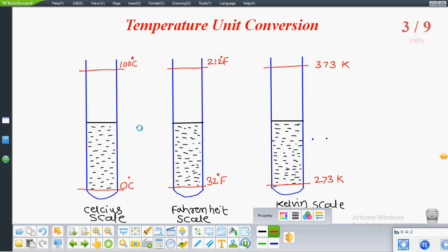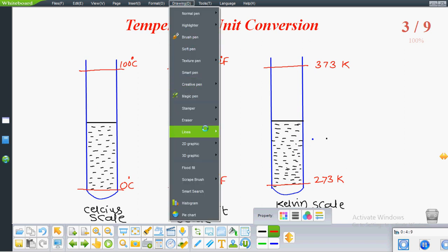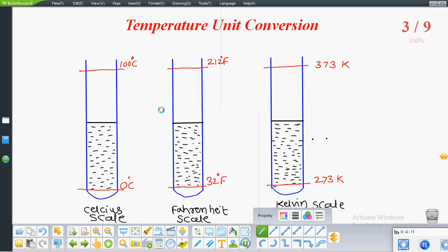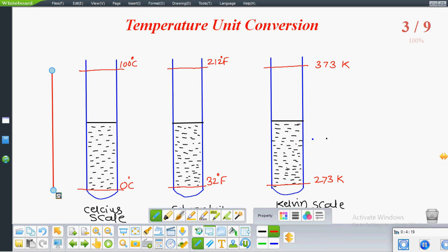So first of all, as the three glass tubes have an equal geometry, the length is equal for the three glass tubes.